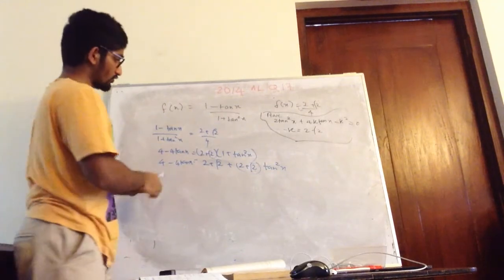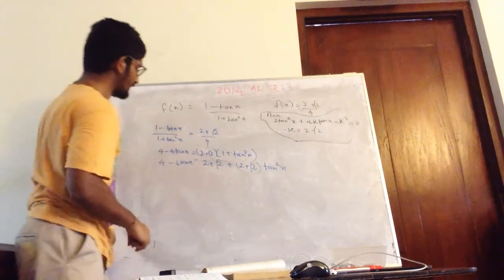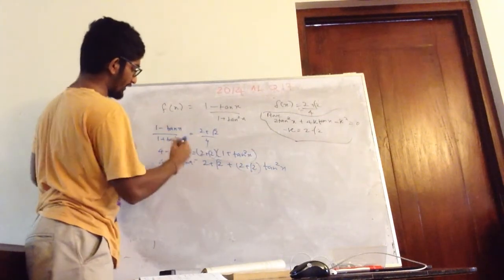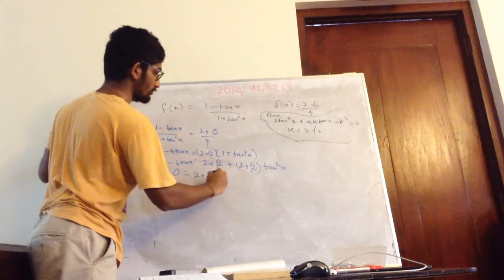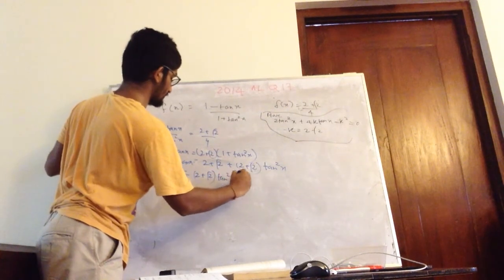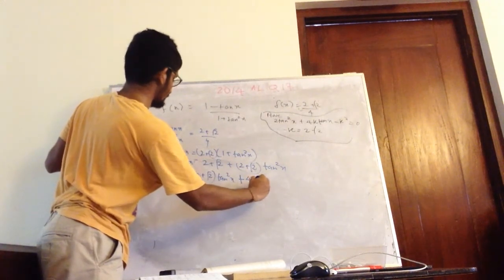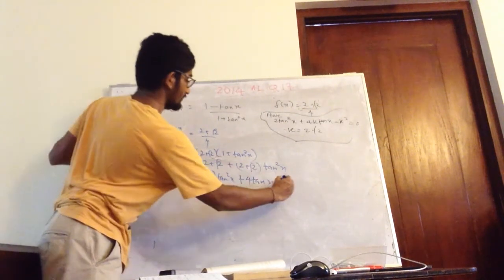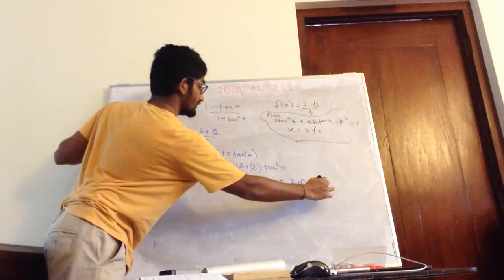Right, so then I'm going to keep this part here and get all the stuff there. So (2 + √2) tan²x − 4, plus 4 tan x, then this 2 + √2 − 4.